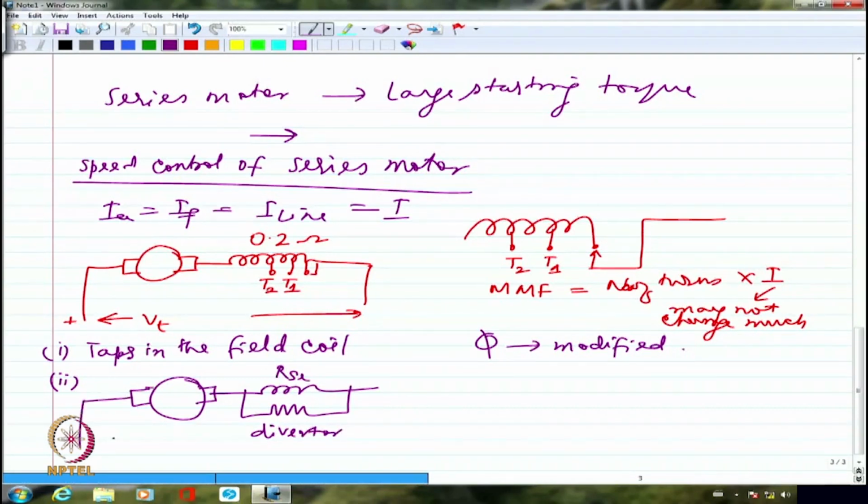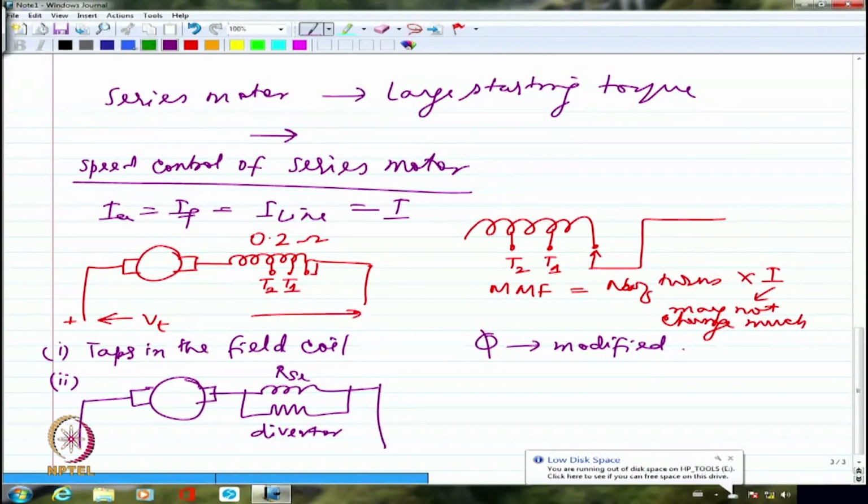So we are going to have the diverter resistance comparable to that of the series field resistance itself. If the series field has a resistance of 0.1 or 0.2 ohms, the diverter might have 0.3, 0.4 ohms or 0.1 itself, depending upon how much current I want to get diverted.